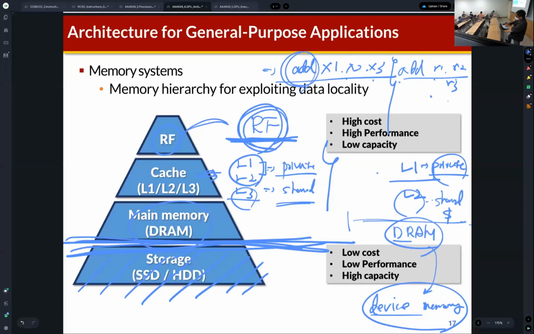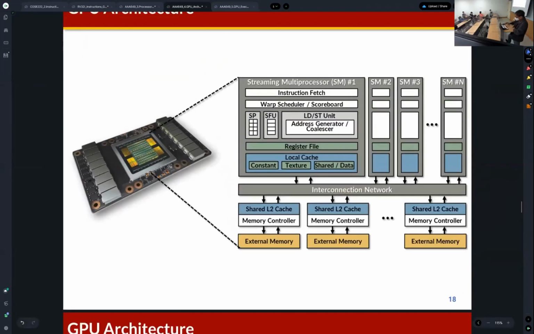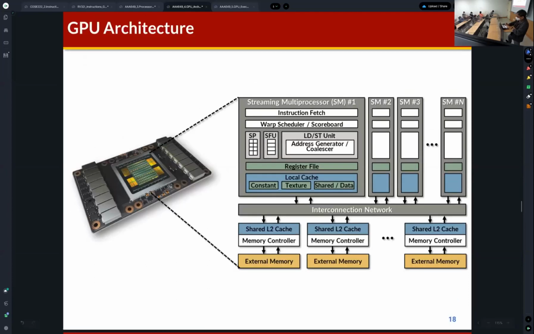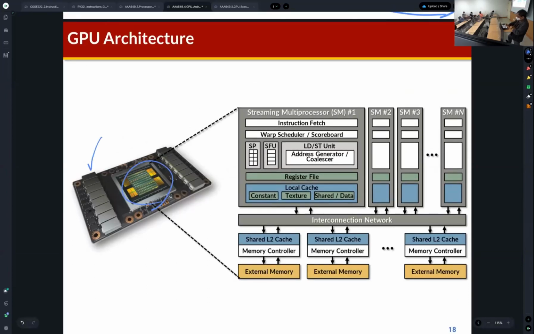If you see some photos of a GPU card, you can find that this is a very large GPU chip, and you can find many memory chips around the GPU chip. These memories are the device memory of the GPU, right? So what is different from the host memory?